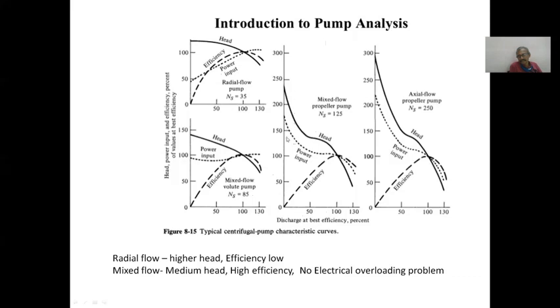The head produced also goes very high, and there is possibility of even pump bursting. But it is not because of this reason that these pumps are not used for sprinkler and drip irrigation. It is because the head developed by the propeller pumps is not sufficient to operate drip and sprinkler irrigation.